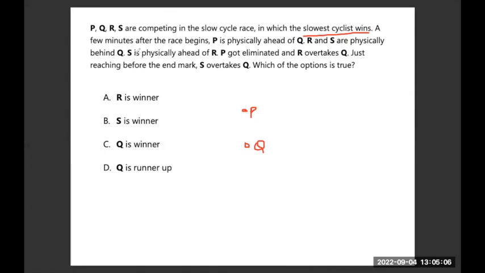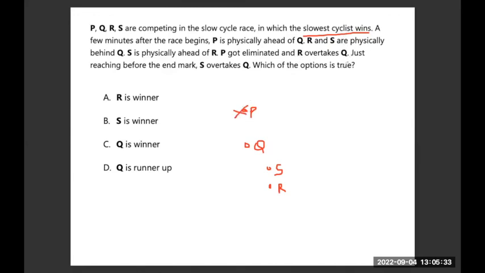R and S are physically behind Q, and S is physically ahead of R. So first comes S and then comes R. P got eliminated, so we don't have to worry about P.